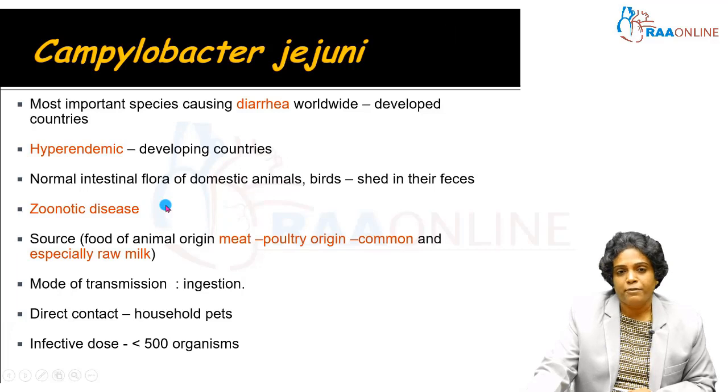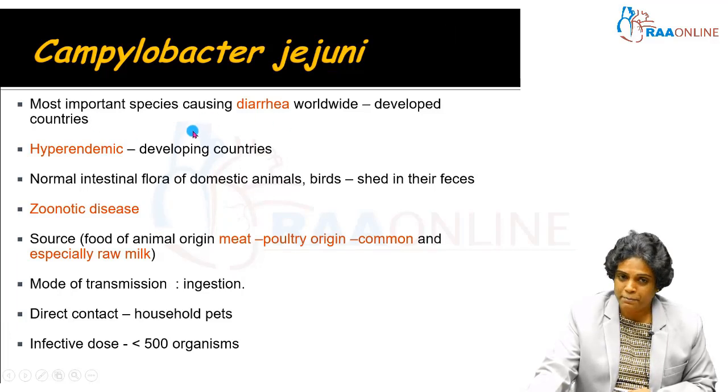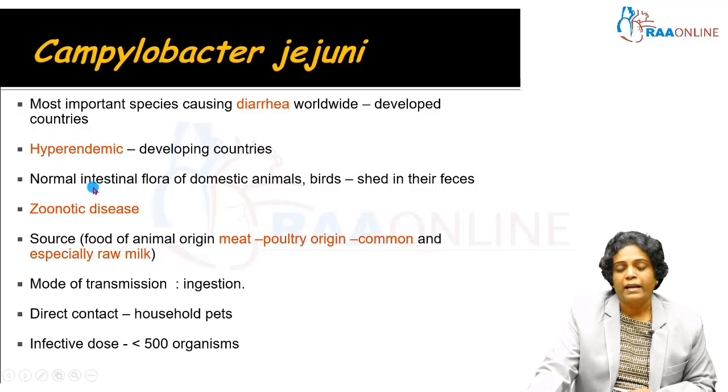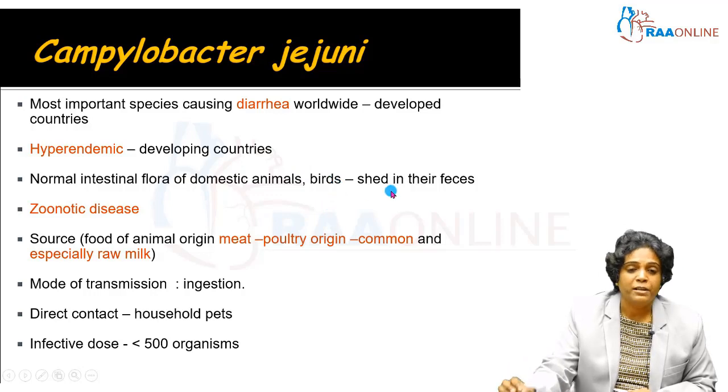So coming to Campylobacter jejuni, it is a common cause of diarrhea in developed countries. In developing countries, it occurs as a hyperendemic disease. It's a zoonotic disease because this bacteria is present as intestinal flora in domestic animals, especially cattle, sheep or swine, and also in poultry, especially birds. The organism is shed in the feces.